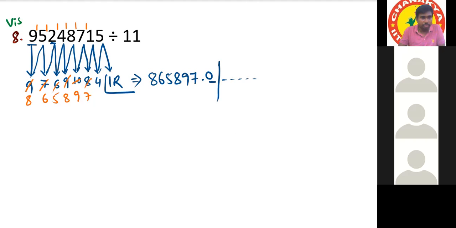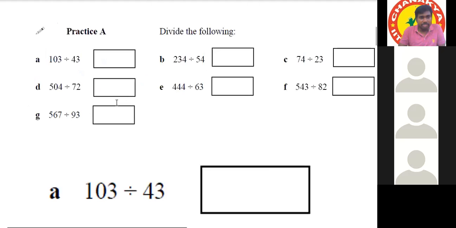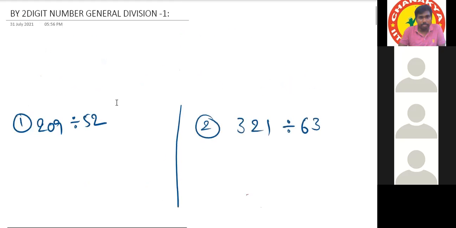Now we are moving on to general division. Any number division by 2-digit number. Here there are no conditions. This number must be series of ones or series of nines, or it should be 99. Any number of digits with any number of digits, like that, sir.